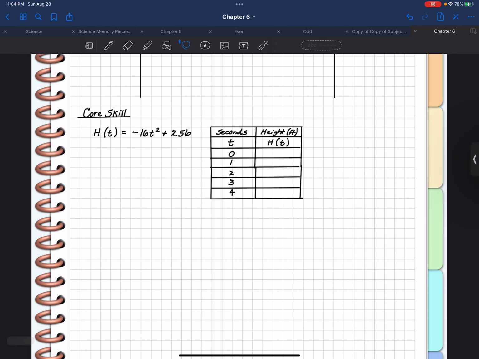All right, so the first one that I'm going to plug in is h of 0. So negative 16 times 0 to the second power, plus 256. So when t is 0, h is going to be 256.